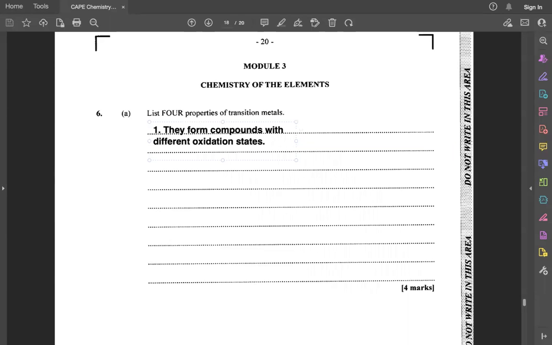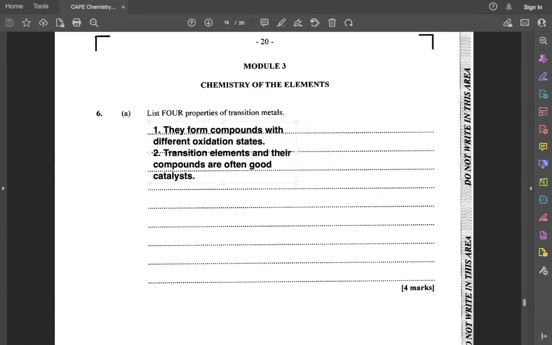And something that goes along with that is the fact that transition elements and their compounds are often good catalysts. And that has to do with their variable oxidation states that they can possess.